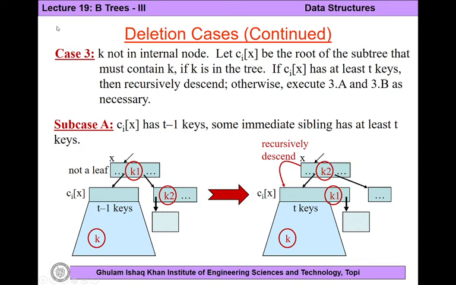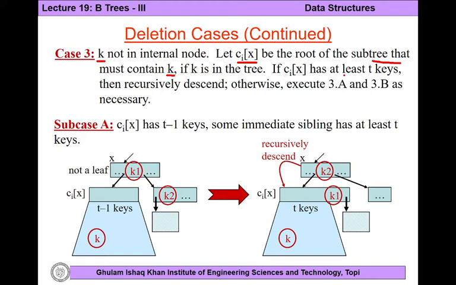Case 3 says that k, the key which is to be deleted, is not in an internal node, and let Cx be the root of a subtree that must contain k, if k is in the tree.